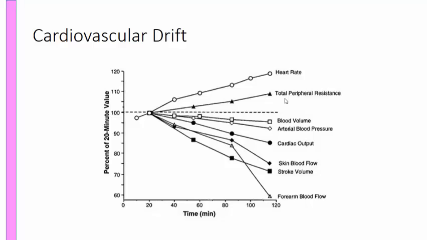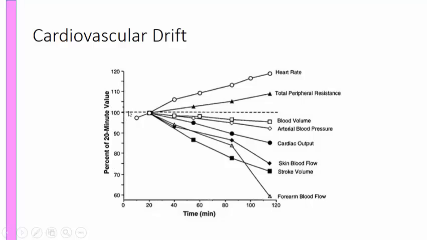Cardiovascular drift means that our cardiac output for a given intensity is maintained, but our stroke volume is decreasing and our heart rate is increasing. You can see here that we have time on the x-axis, we're exercising at a constant intensity, and on the y-axis we have percent of 20-minute value.